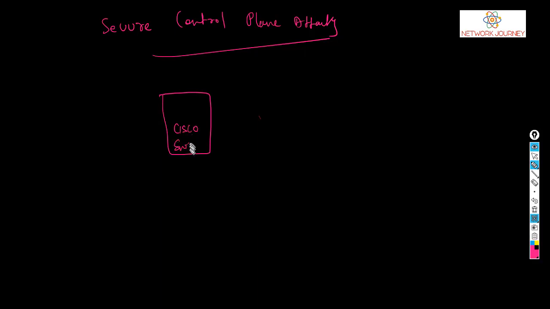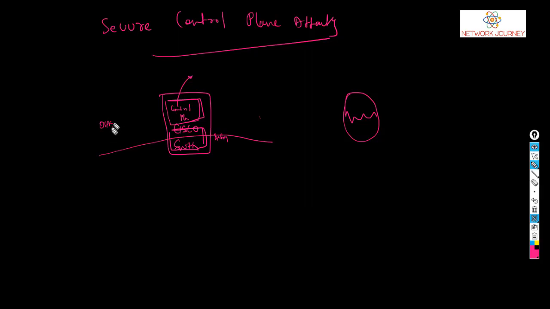Let's say this is a Cisco switch, and similarly I have a router. We know that in a Cisco switch we have something called a control plane and a data plane. The data plane is just forwarding of the data. But when you receive traffic which is OSPF, VRRP, HSRP or AAA based, your data plane cannot make the decision about forwarding.